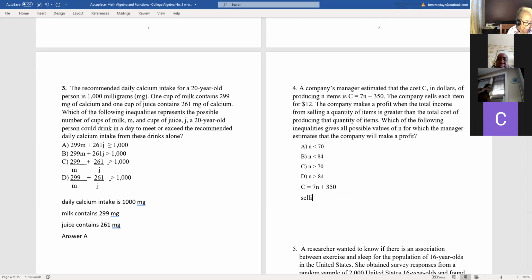Selling price equals $12 per item. And item is N, right? Let's just put N.